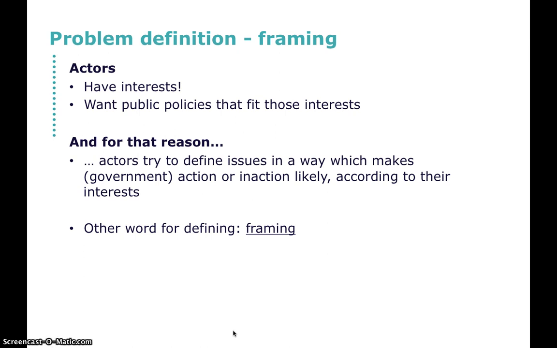And for that reason, these different actors try to define issues in a way which makes governmental action or inaction likely according to their interests. That is what we call framing. Framing is an important concept that plays a big role in the stage of problem definition. So actors try to frame a problem in a way that makes governmental action or inaction likely according to their specific interests.